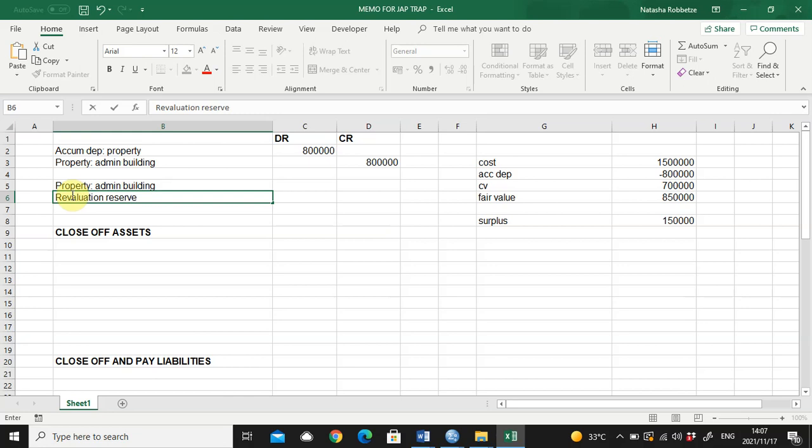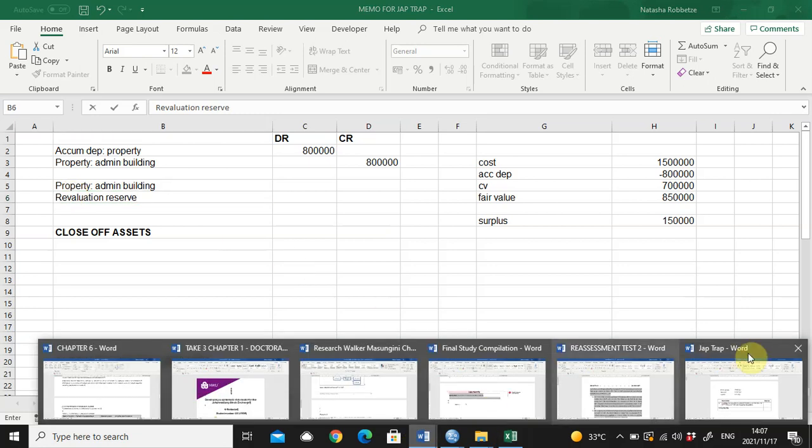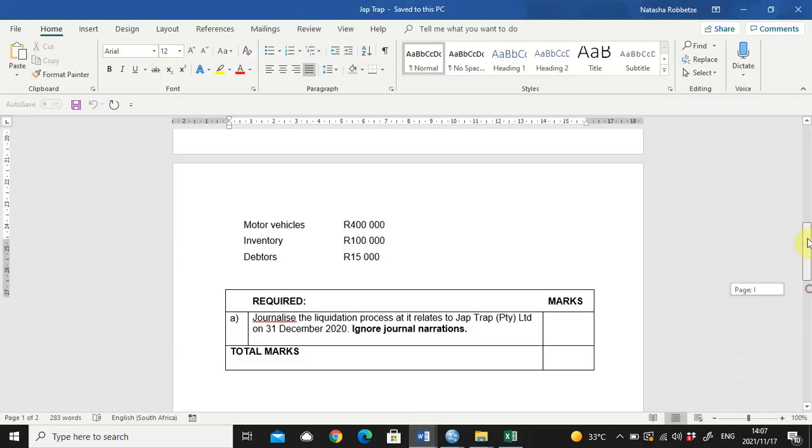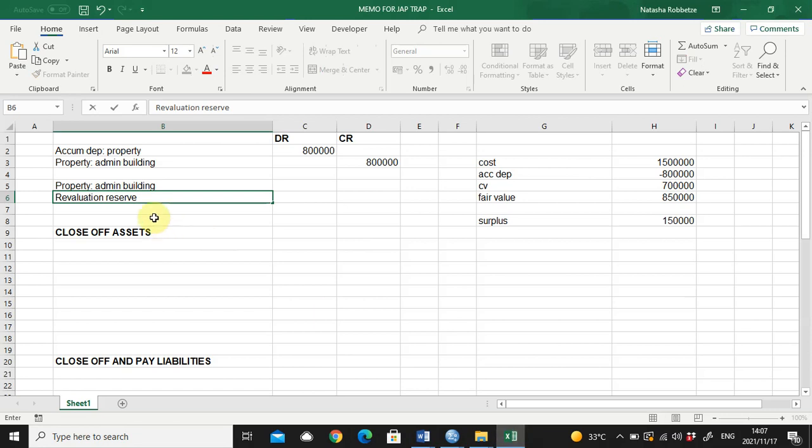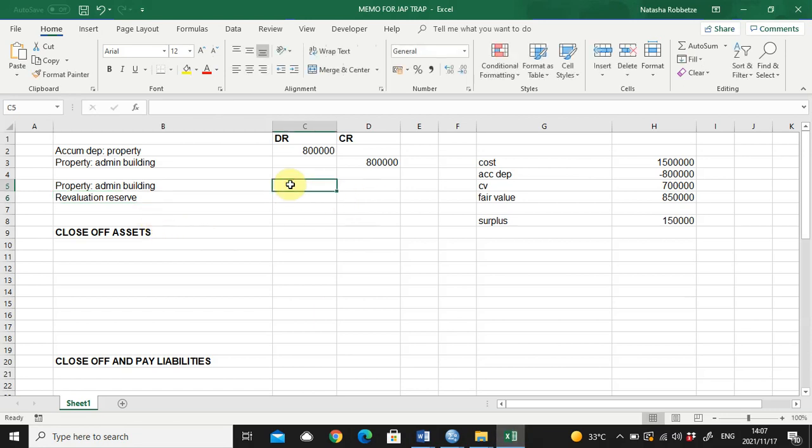I'm using the word revaluation reserve because when we go back to the question, that is the account that already exists. So if they said revaluation surplus, I would call it revaluation surplus. I'm just continuing with the terminology that they've already used in setting up the financial statements. Right, and we're going to account for that 150,000 Rand.